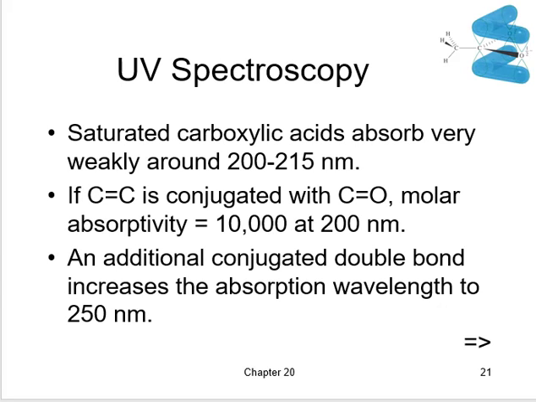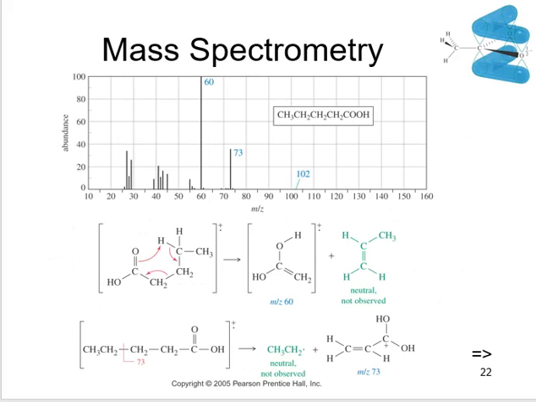If a carbon-carbon double bond is conjugated with the carbon-oxygen bond, the molar absorptivity is in the range of 10,000 at 200 nanometers. An additional conjugated double bond increases the absorption wavelength to 250. And this is mass spectroscopy. As you all know, mass spectroscopy is a very powerful tool to determine the molecular mass of an organic compound.